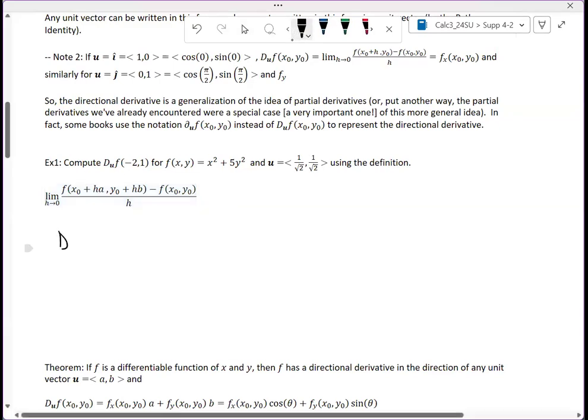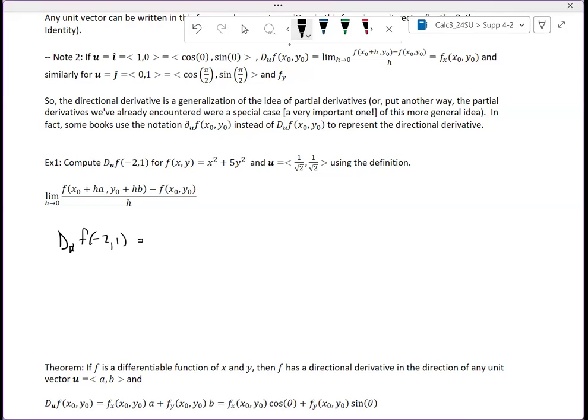Okay, so this derivative by definition is the limit as h goes to 0 of, well, let's just write out what everything is first. So that's going to be f of, I want to keep my points and my direction separate, so I want to note that this is x naught, y naught, and this is a and b.